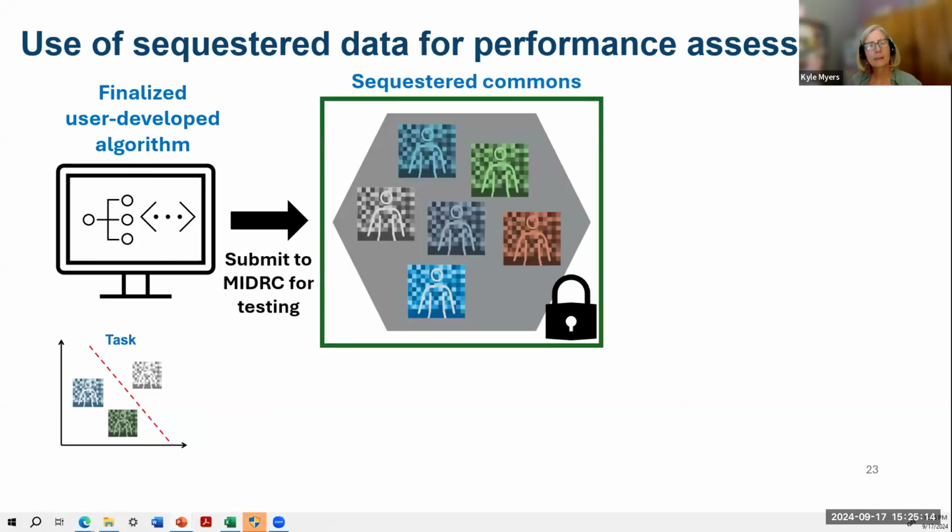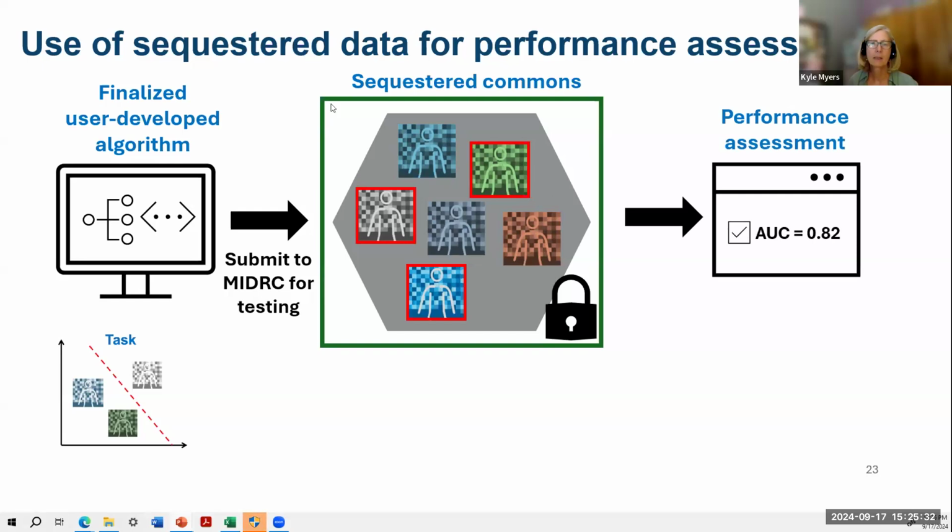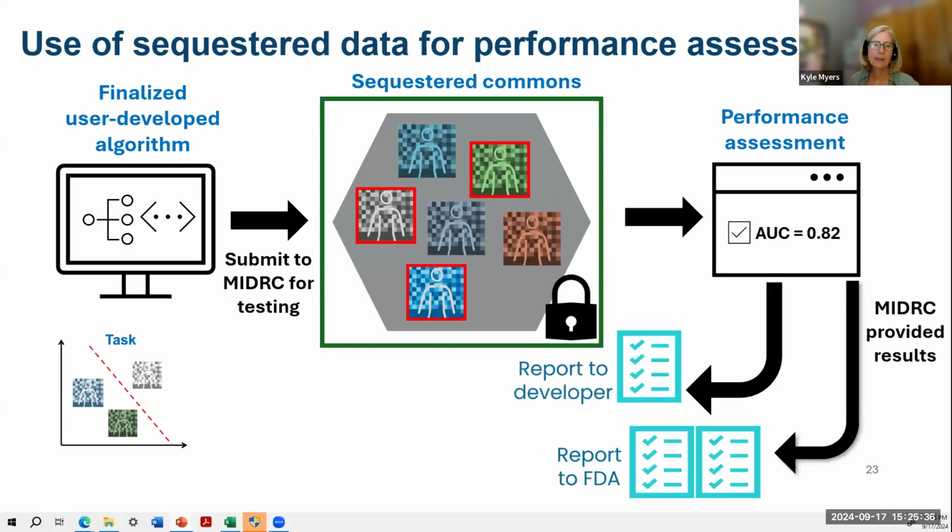The submitter would submit that algorithm to MIDRC for testing, making use of the locked sequestered commons. Based on the intended use, the target population, the expected claim, MIDRC pulls particular images and patients from the sequestered commons, performs a performance assessment, and provides results to the developer.